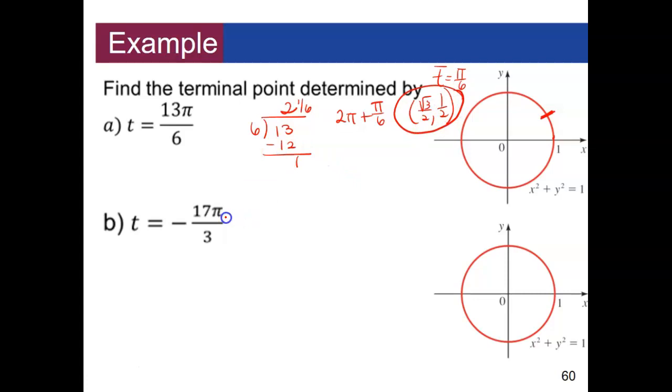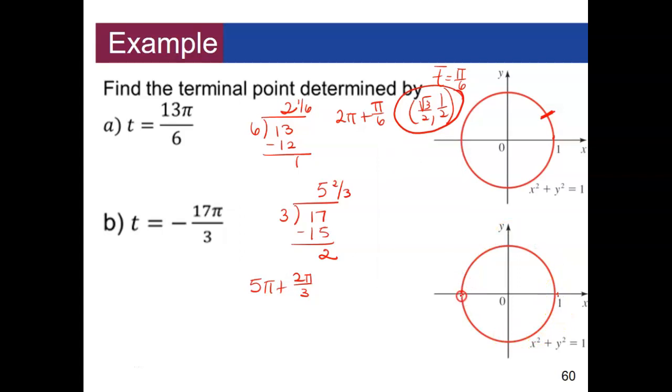The next one here, if I'm at negative 17 pi over 3, I'll divide 3 into 17. That's going to go 5 times. 5 times 3 is 15 with 2 left over. So this is 5 pi plus 2 pi over 3. So 5 pi, I'm going to go, this is 1 pi, 2, 3, 4, 5.